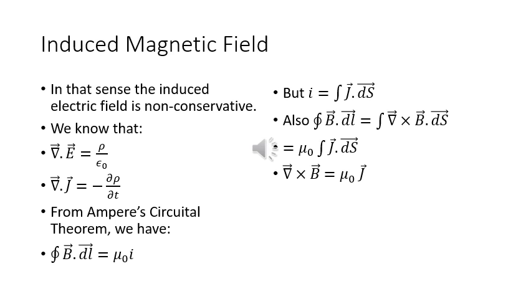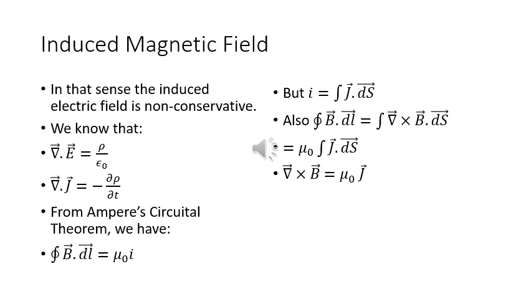We know that an electric field generated by a changing magnetic field is non-conservative. That is, its lines of force can form closed loops and it does have a non-zero curl. Now, from the equation of continuity, we have divergence of J equal to minus del rho by del t, and divergence of E is equal to rho upon epsilon naught for static electric fields.